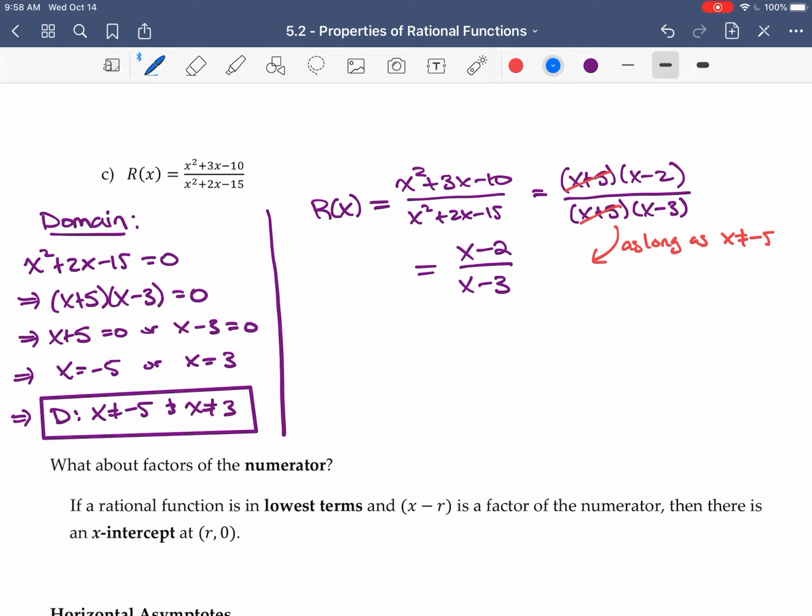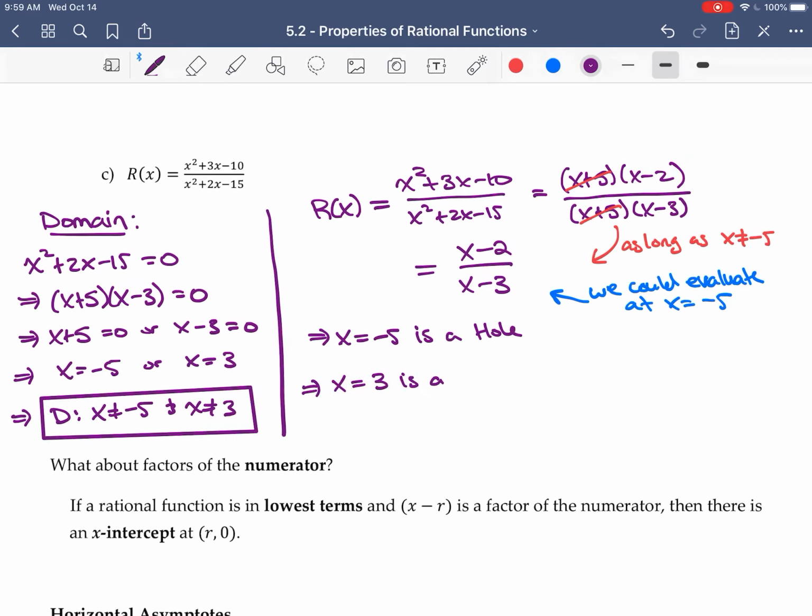So here we could evaluate at x equals negative 5. What that tells you is that x equals negative 5, that problem, is a hole in the graph. Now because x minus 3 is still a problem, that means that x equals 3 is a vertical asymptote.